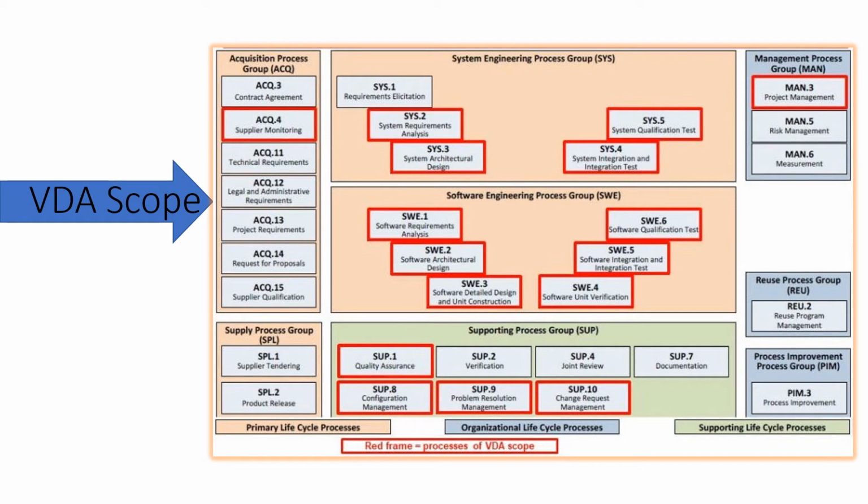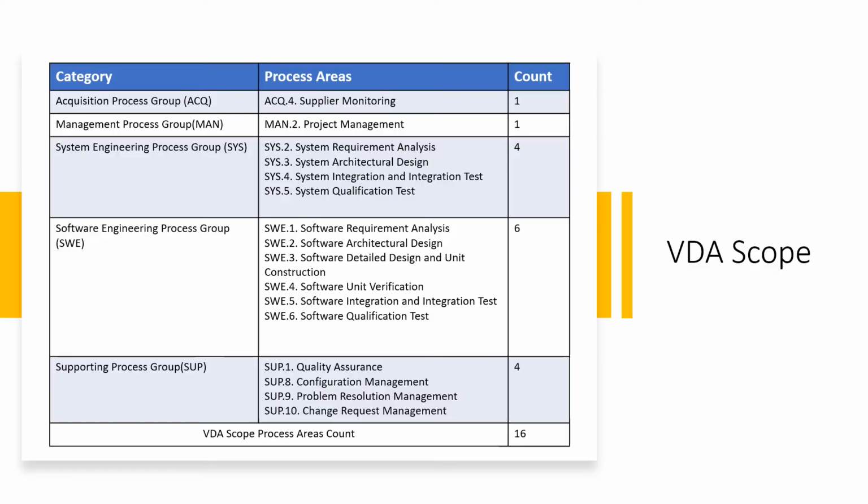The entire process areas are expressed in this way, wherein you can see the red marked ones are the VDA scope process areas. For better understanding, I have grouped all the VDA scope into one slide.